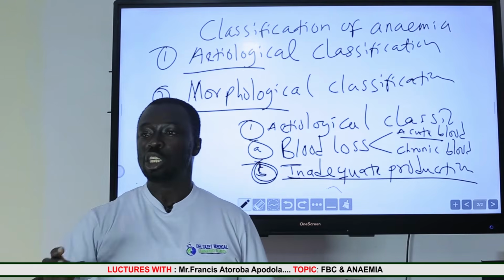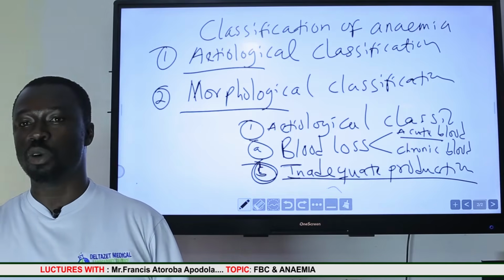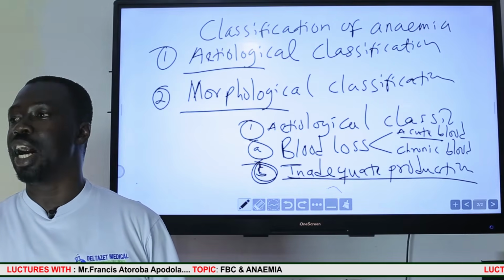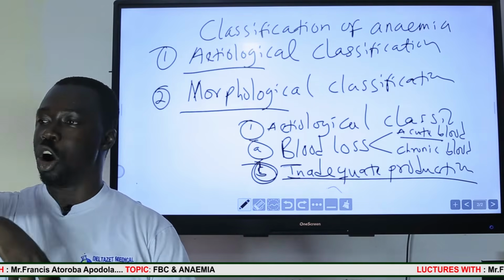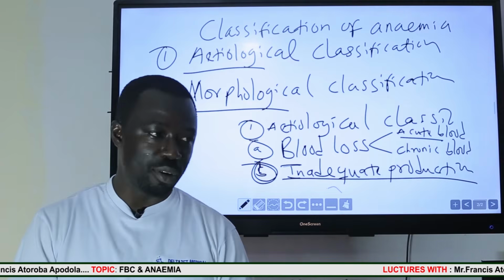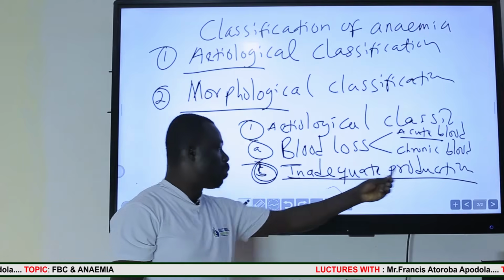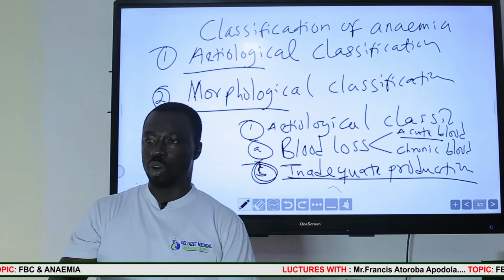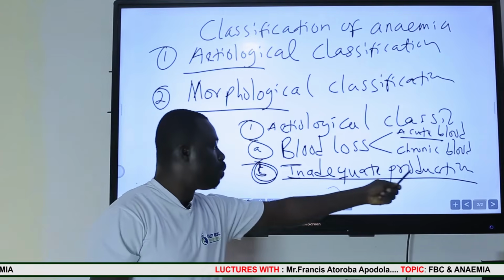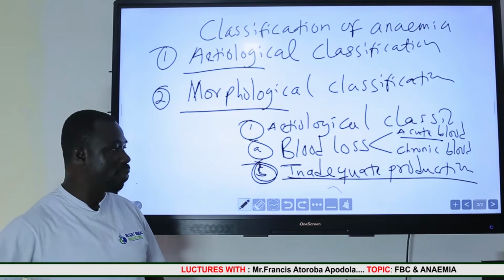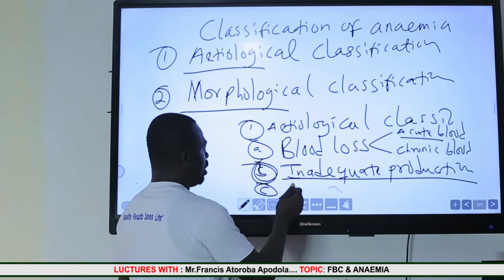That's number one. To produce the red blood cells, we need ingredients. And the ingredients to produce the red blood cells include iron, vitamin B12, folic acid, certain proteins. And so all those ingredients must be available in order for us to produce the blood cells. And so inadequate production can be an issue with the bone marrow or the resources needed for the production of the red blood cells. Then the next one is destruction.